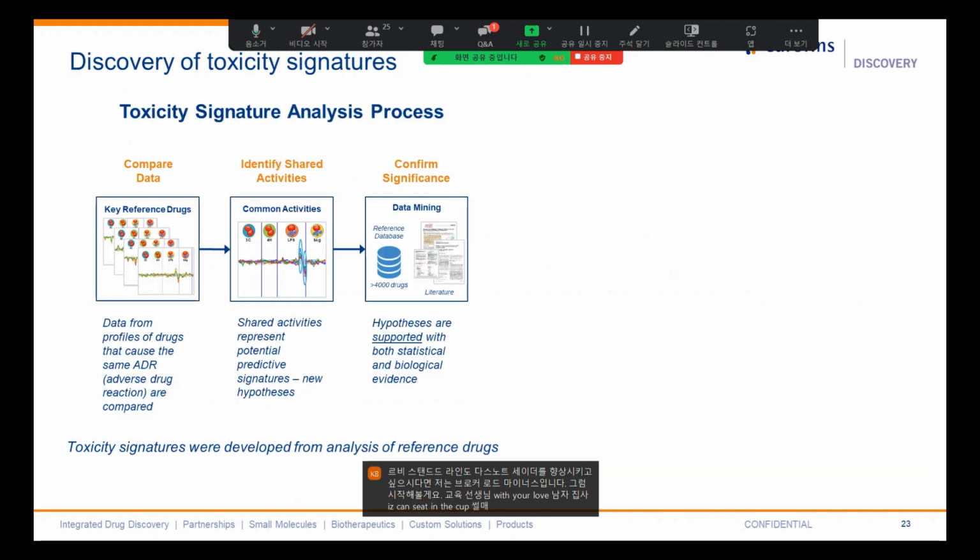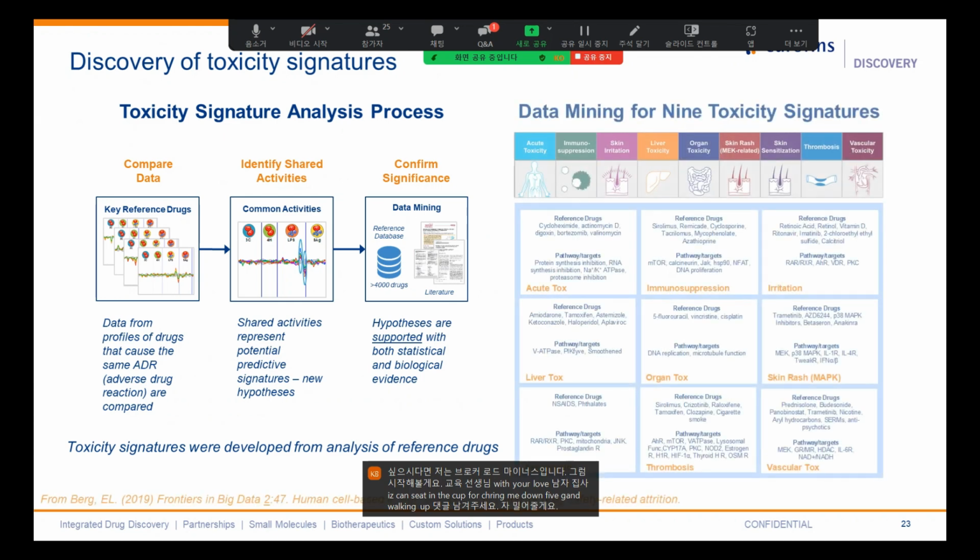So coming back to Biomap here then, we talked a little bit about how we can generate molecular phenotypic profiles, and we can see whether there are common aspects of those profiles with what we have in the database. Now, because we've profiled a very large number of drugs, many of which have known toxicities, we've been able to identify 9 different toxicity signatures.